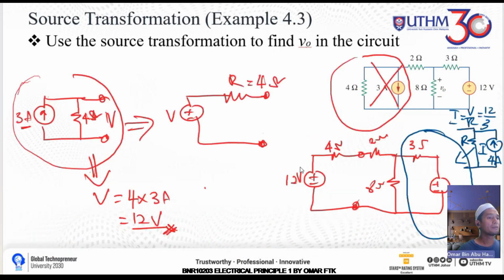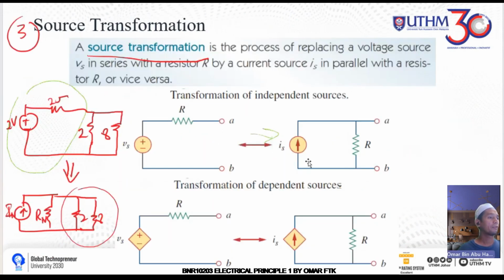Let's have a look where I made a mistake. Because for the source transformation, if your voltage is reversed, for example, if your voltage is plus minus, plus like this, then here also the direction of the current will be reversed. So that's the thing that you need to consider.